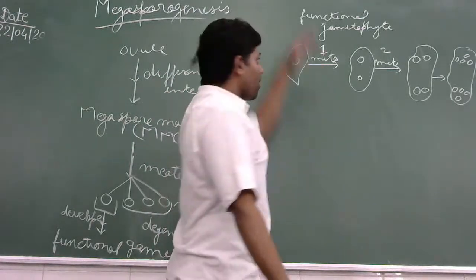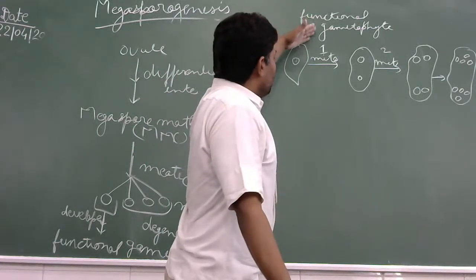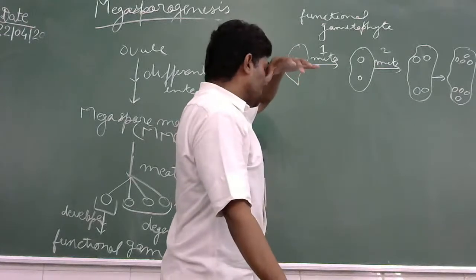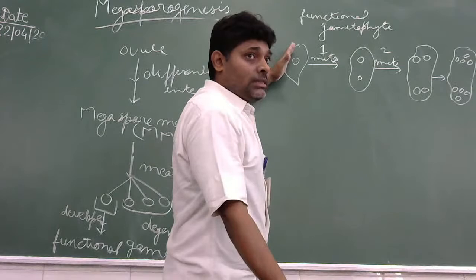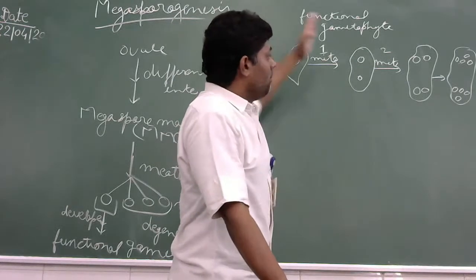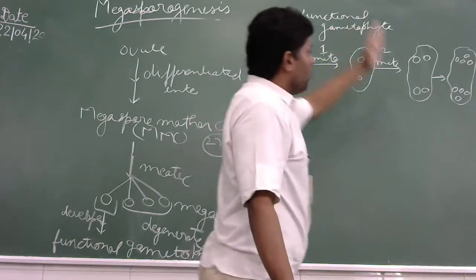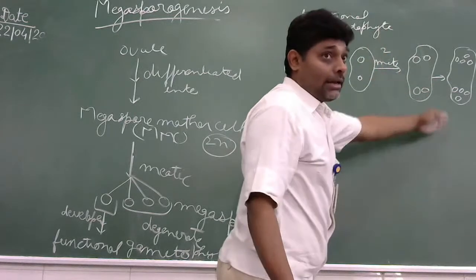Once again, mitotic division will occur in the functional gametophyte. The nucleus is mitotically divided, making 2, then 4, then 8.